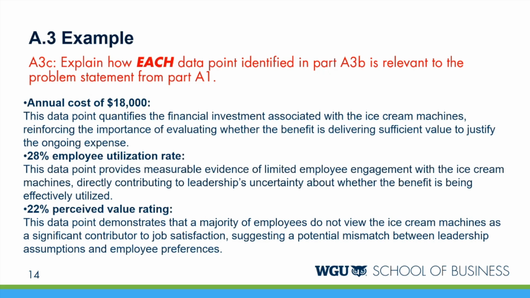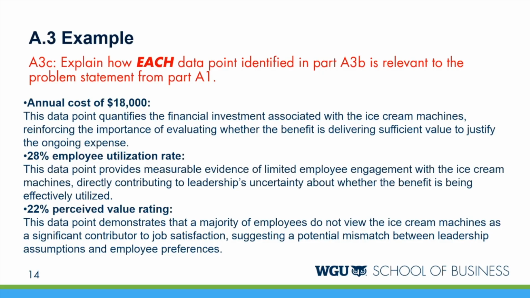So we talked about one of the data points was the annual cost of $18,000. So why is this relevant? This data point quantifies the financial investment associated with the ice cream machines, reinforcing the importance of evaluating whether the benefit is delivering sufficient value to justify the ongoing expense. So you can see we took the data point, and then why does it matter?